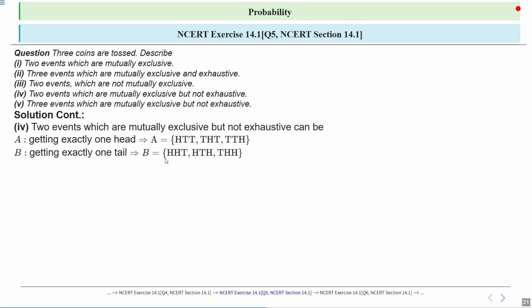So event B describes the set HHT, HTH, and THH. And why have we taken A and B like this? This is because A intersection B is empty, but A union B is not equal to S. So these two events are mutually exclusive but not exhaustive.